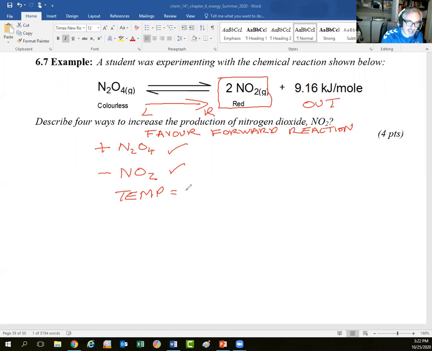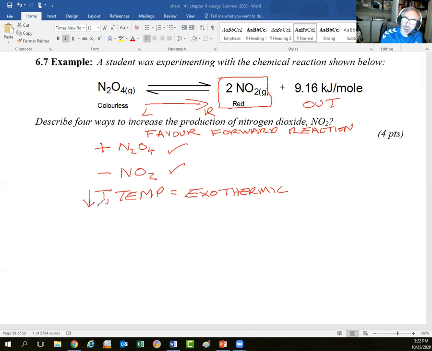Reactions which give out energy are exothermic reactions. So now we have to remember which action favors the exothermic, increasing temperature or decreasing temperature. It is, of course, decreasing temperature.